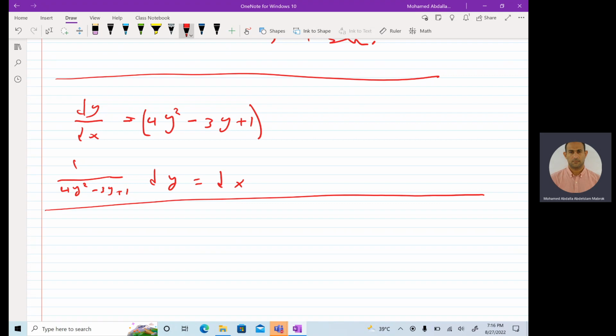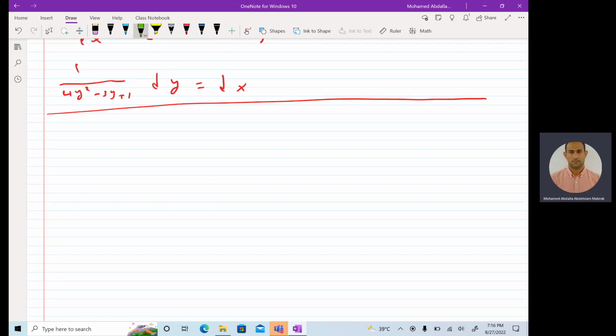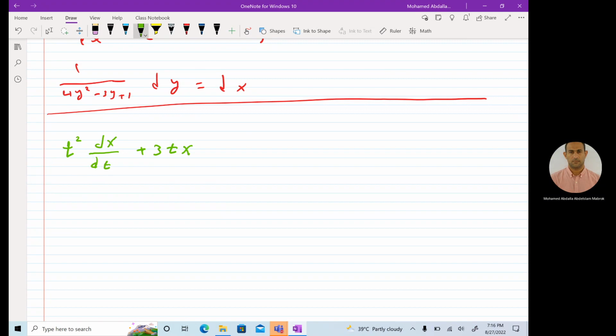So it says here, solve the following differential equation: t squared dx by dt plus 3tx equal t to the power 4, then t plus 1. Well, this is a good problem.